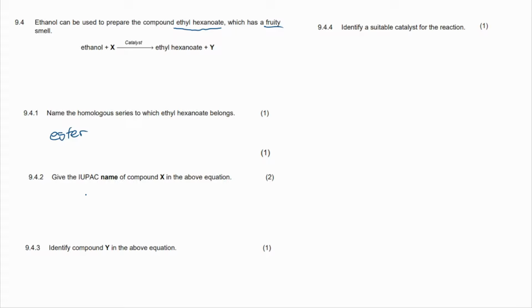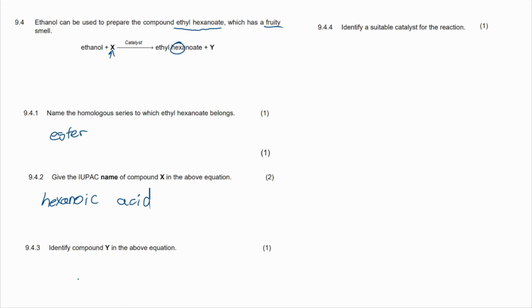Give the IUPAC name of compound X in the above equation. So we have ethanol plus X gives us ethyl hexanoate. This has to be a carboxylic acid, and it has to be hex, and it has to be an acid. So it is hexanoic acid. Perfect. 2 marks there. You can't just say hexanoic. You need hexanoic acid. So you need to know it.